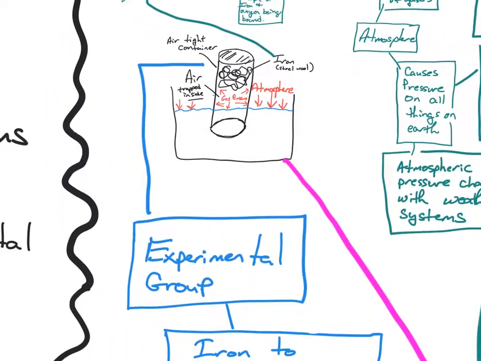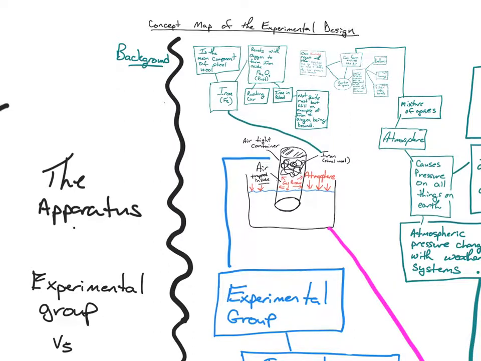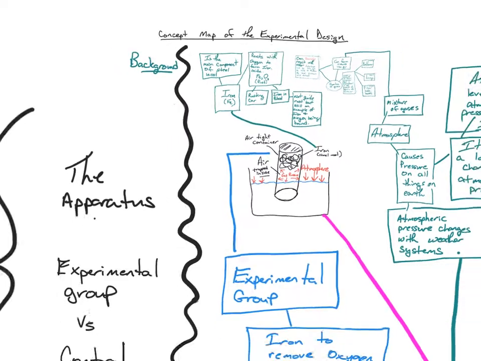All right. So based on that background, we designed this apparatus, this system, to test it. We designed putting steel wool in here, the water level, the flat test tube. All that was designed.